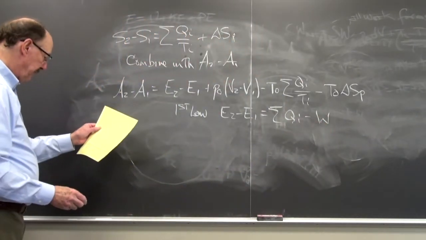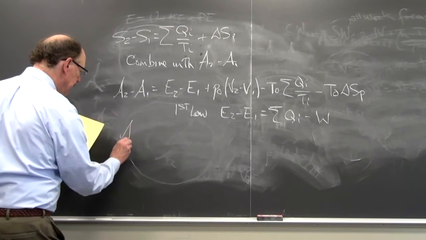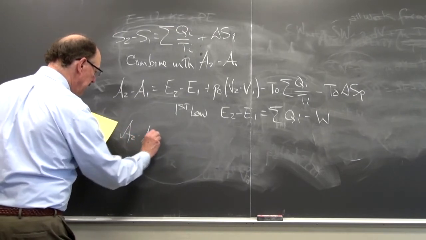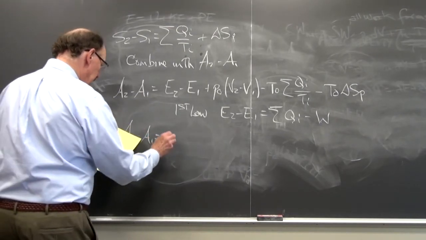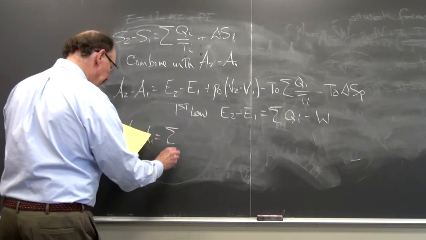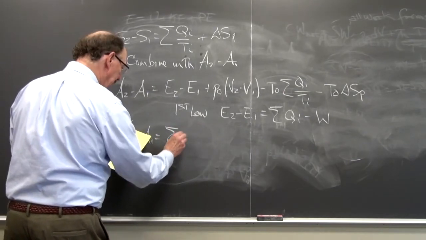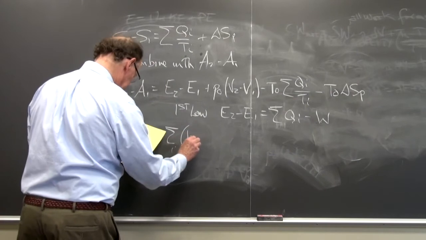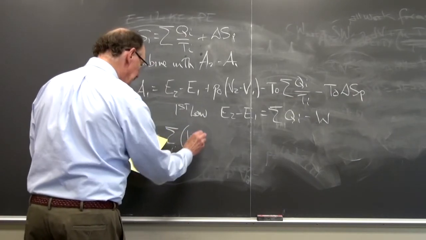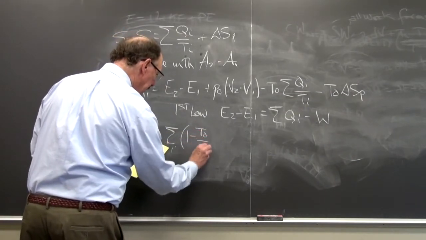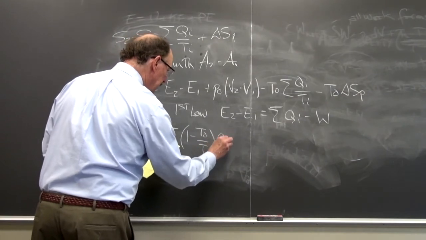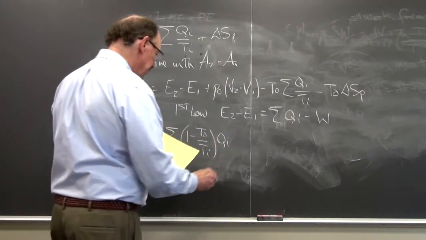So now, A2 minus A1 is equal to the sum over i of 1 minus T0 over Ti times Qi. And I'll explain what that is.